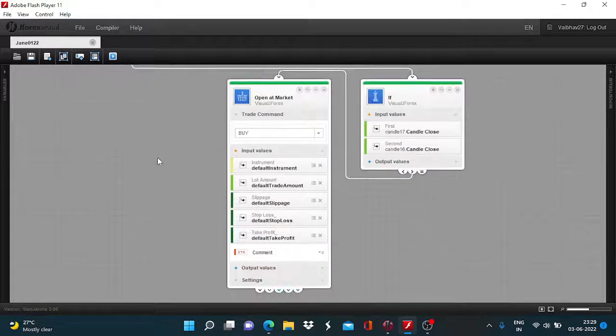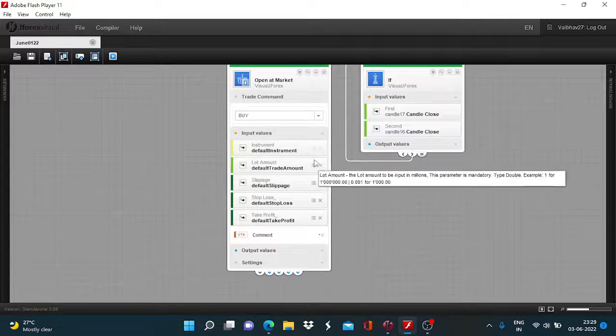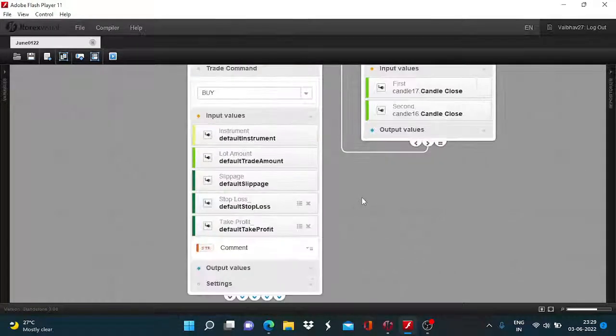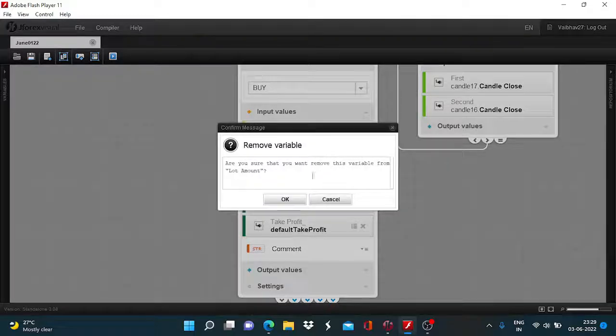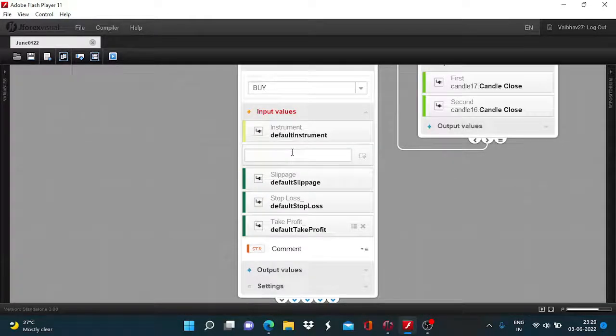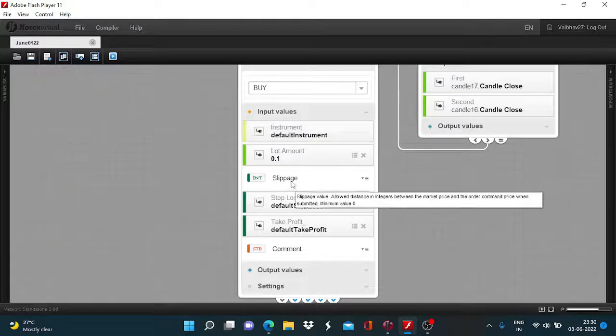That's what the series is all about. Default instrument remains as it is. Trade amount I will change to 0.1 million. Slippage will be changed to 2 pips.